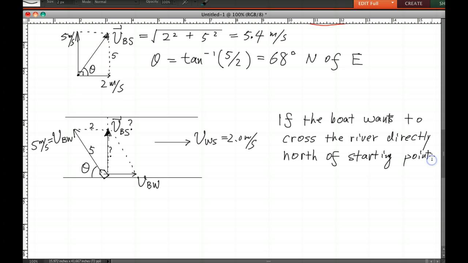Okay, now that's the goal, right? So the boat wants to go directly north.